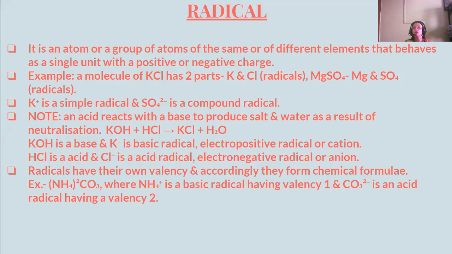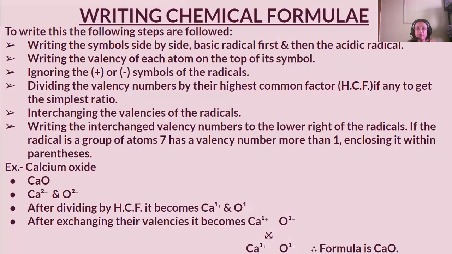Ammonium, that is NH4, behaves as a basic radical having the valency of 1. And the carbonate is an acid radical having the valency of 2. Okay, understood? Next, we are coming to how to write a chemical formula.